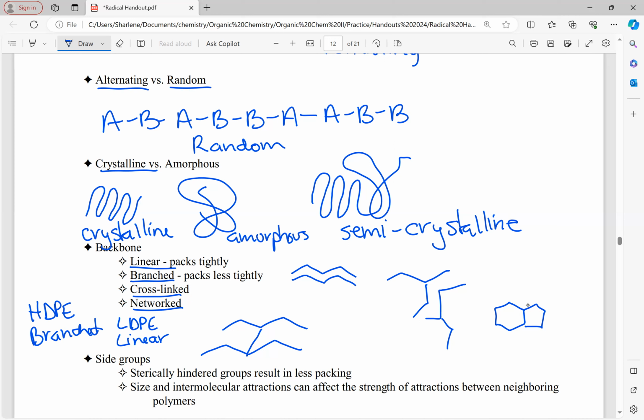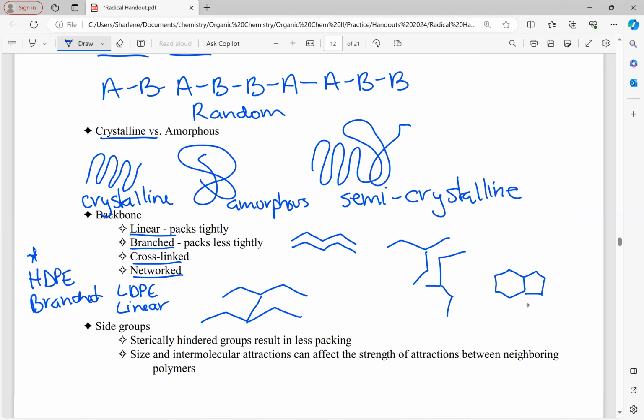So high density polyethylene and low density polyethylene. And I haven't really researched those, but they blow air into the polymerization final process to kind of keep them from packing too tightly, I believe is how they make either the high density or, of course, the branching. But there's a few ways that you can get a little flexibility into your polymers.